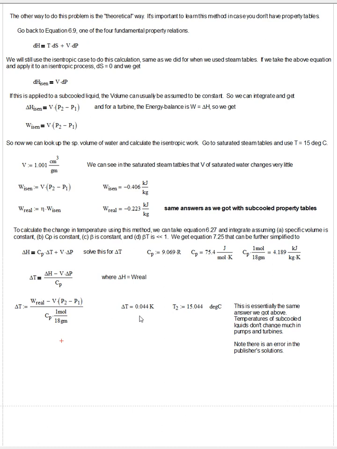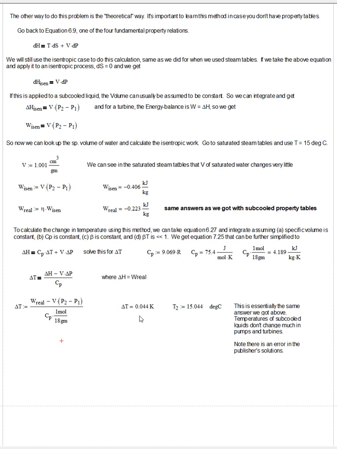We get a delta T of 0.044 Kelvin or 0.044 degrees C. And so our final temperature is 15.04 degrees C. And if you remember, when we were using our online subcooled water properties, we got a final temperature of 15.04 degrees as well. So using this method, you see that the assumptions work pretty well compared to the work that we did with the online steam tables.